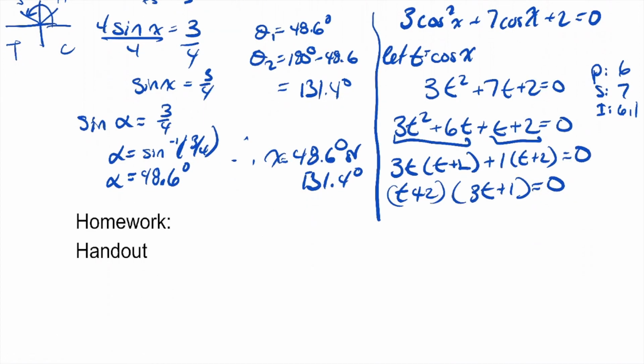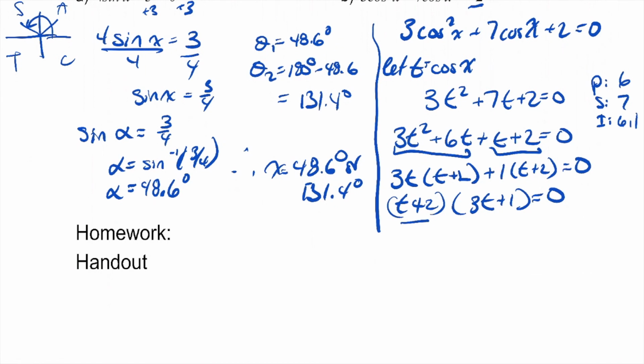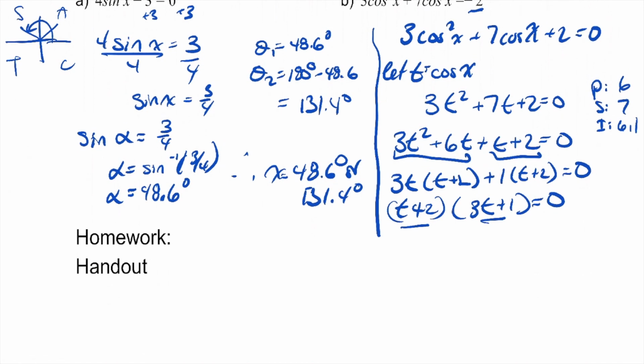In this case, each of the factors has to equal 0. At the same time, I'm going to replace t with cos of x. So cos of x plus 2 is equal to 0, or 3 cos of x plus 1 is equal to 0.